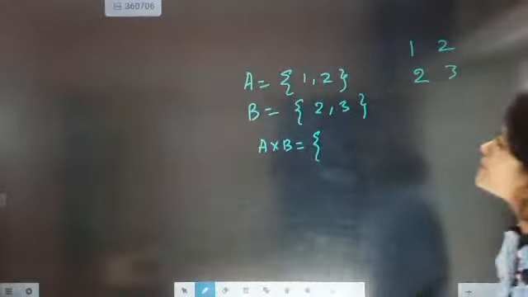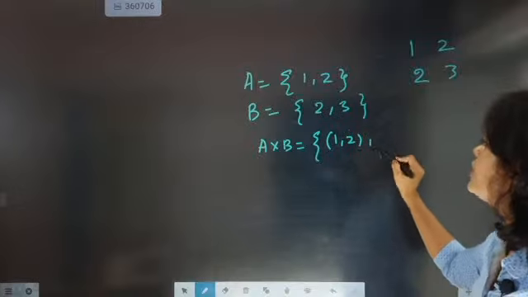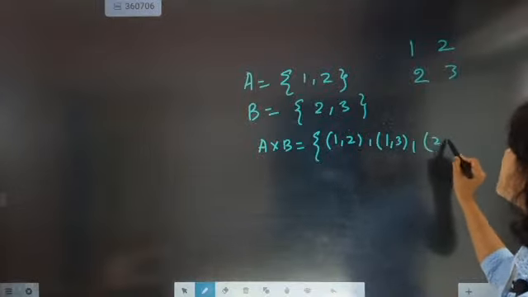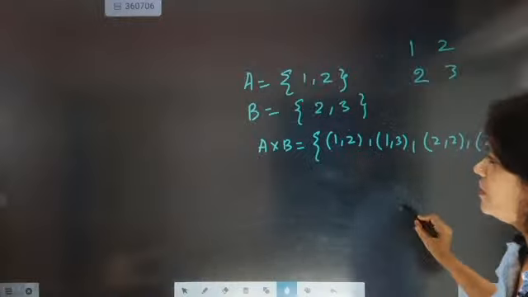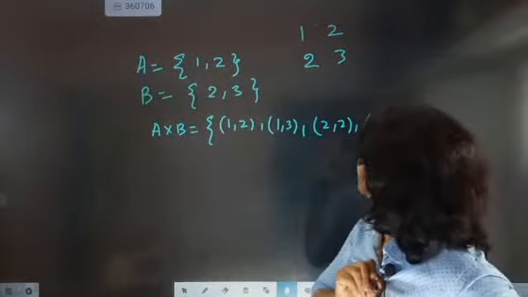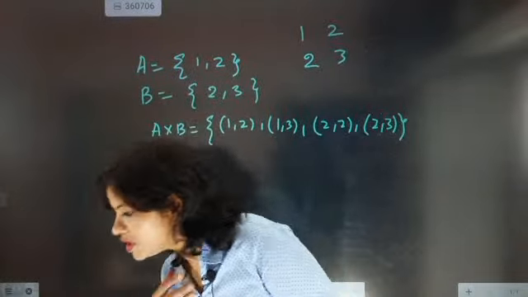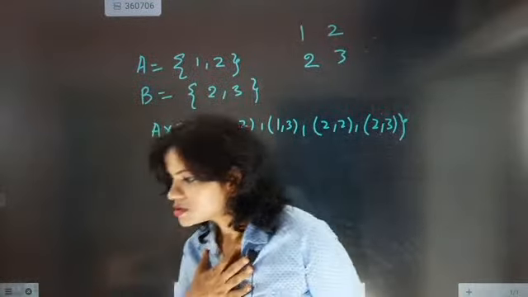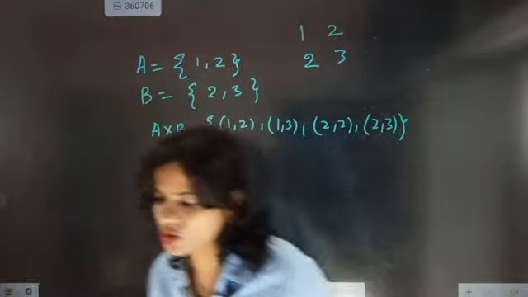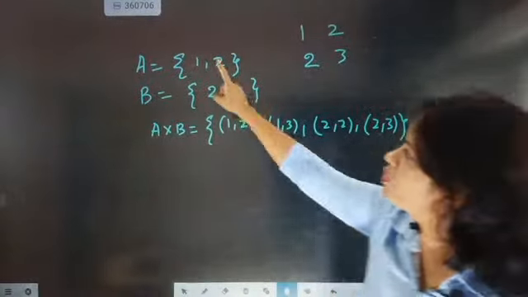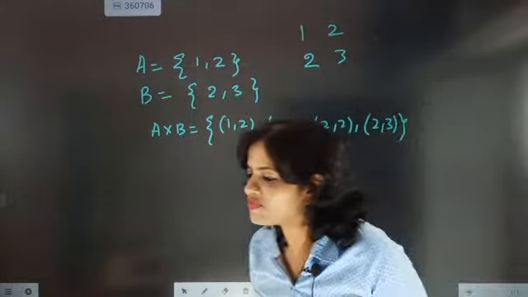Now look here. It is going to come as (1,2), (1,3), and here it will become (2,2), (2,3).